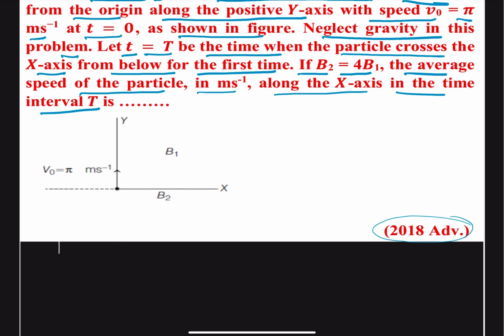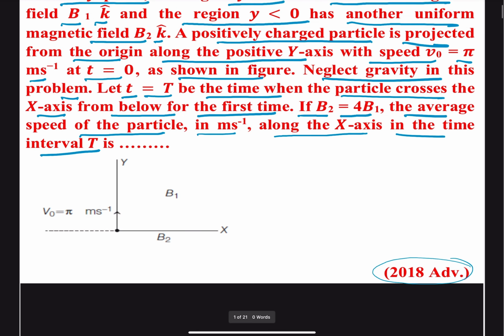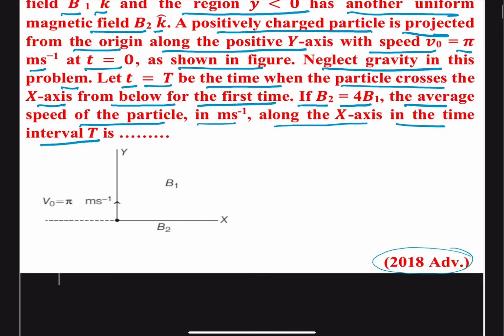we have the magnetic field, and that magnetic field is B1 and B2. The direction of both magnetic fields is the same. The only difference is the strength of the magnetic field.